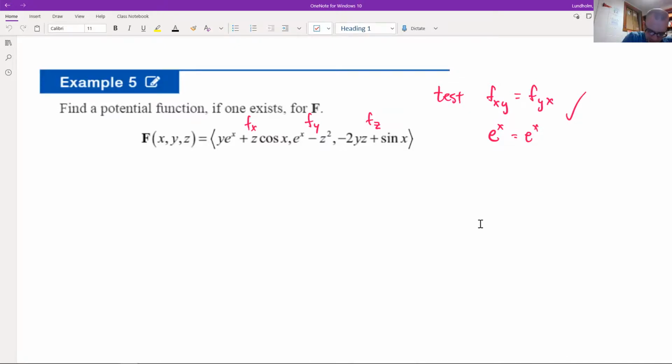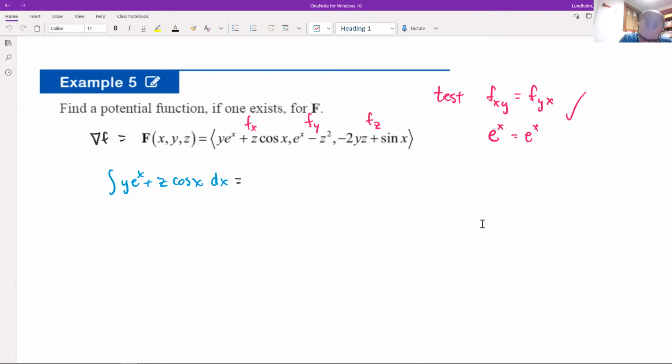We want to treat this as the gradient of some function f, and what we're hoping for is to find that if we take an antiderivative of y e to the x plus z cosine x with respect to x, and set that, we want all of these to be equal.